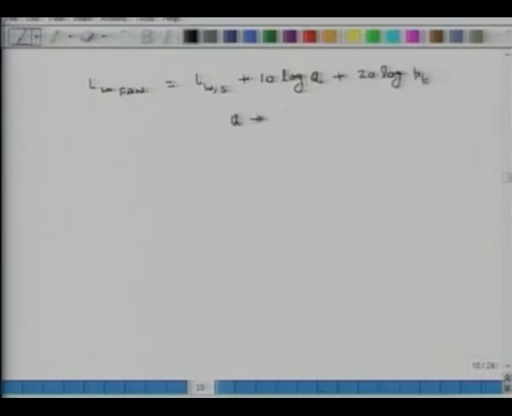Q is the volume flow rate in meters cube per second, and PT is total pressure.